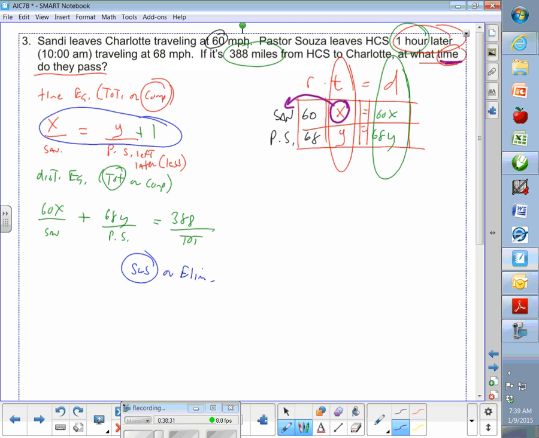And then that allows you to get the time of day. And then if you solve for Y, you'll find out the total time Pastor Souza was traveling. So if Pastor Souza, let's say, was traveling for 6 hours, start at 10 and go 6: 11, 12, 1, 2, 3, 4, 4 p.m. Again, I don't know if that's the answer, but that's what you would do to solve it.